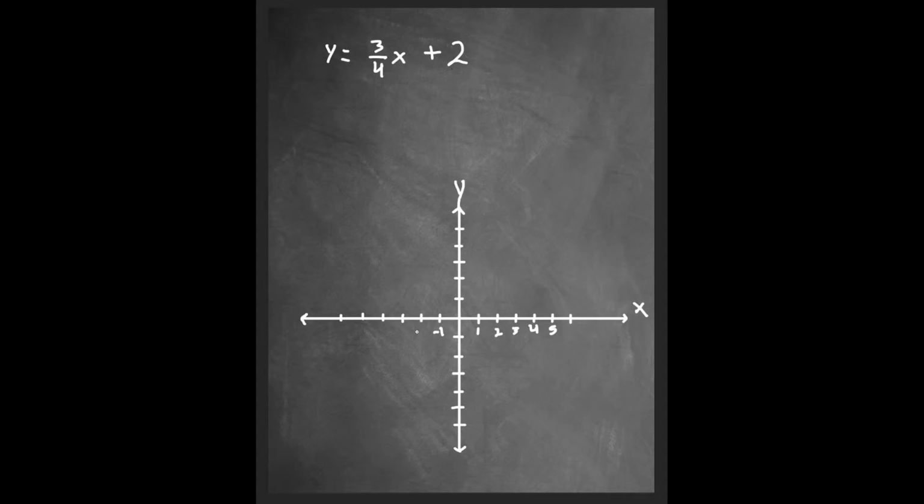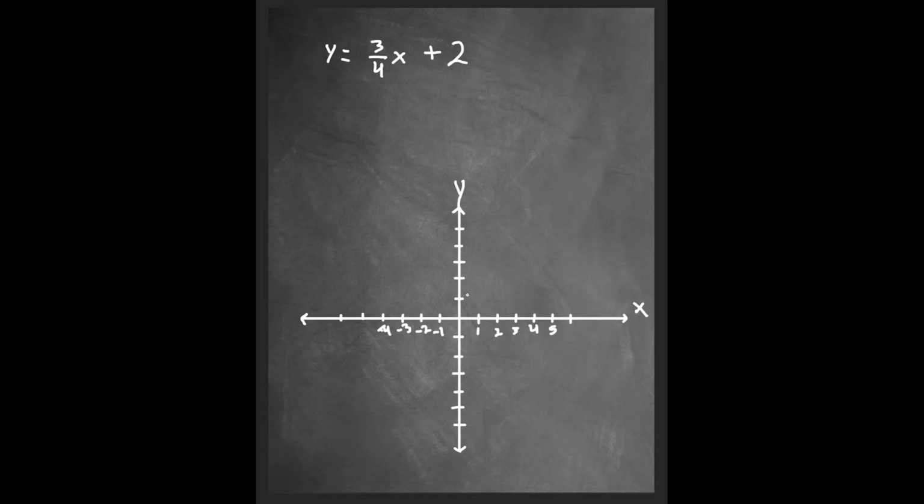-1, -2, -3, -4. That one kind of got squiggly, but you gotta understand. So these are the values of x going in the negative direction. These are the values of x that are positive. Same thing up here.